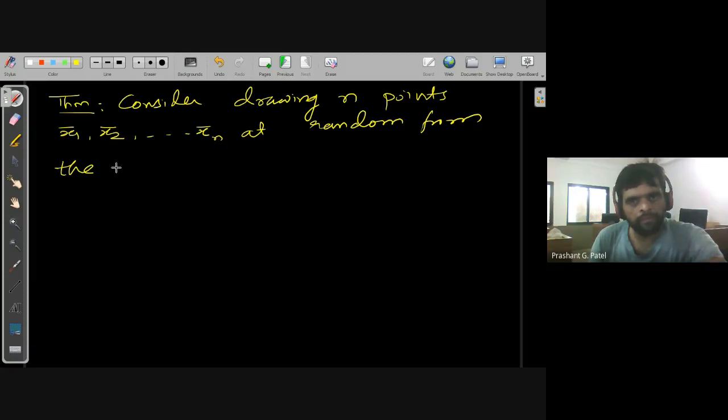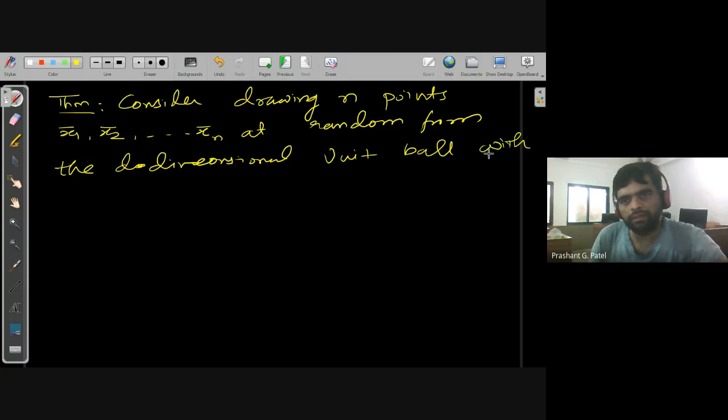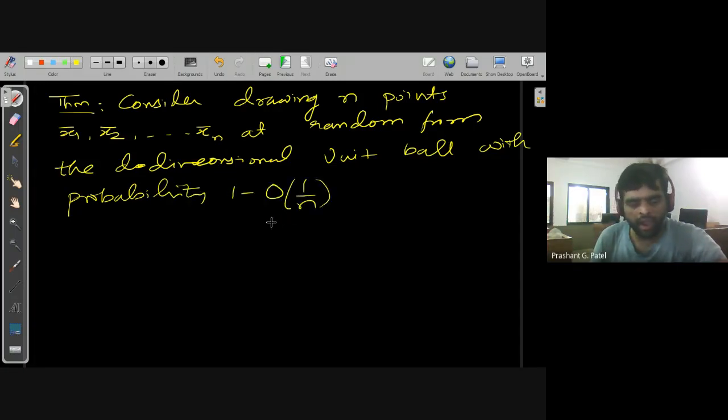Then with probability one minus big O of 1 by n, the following hold.